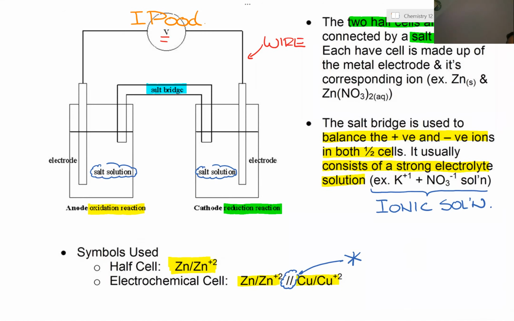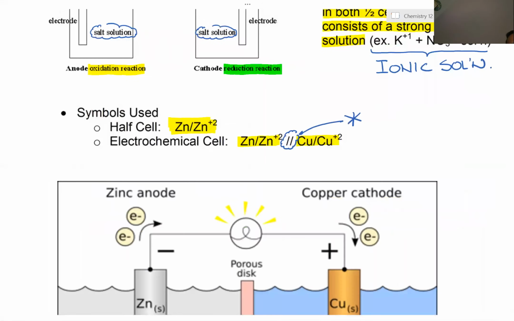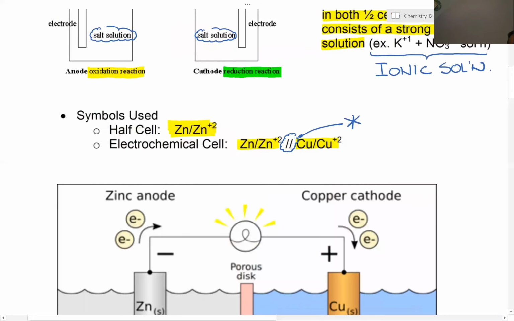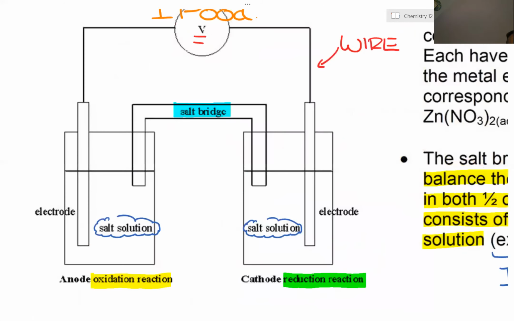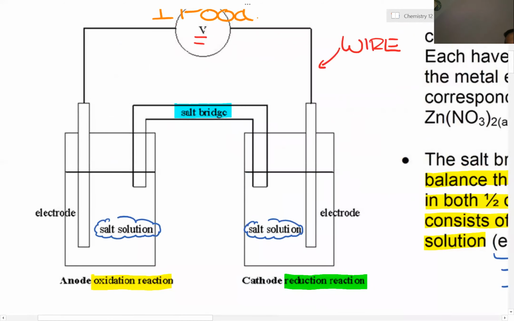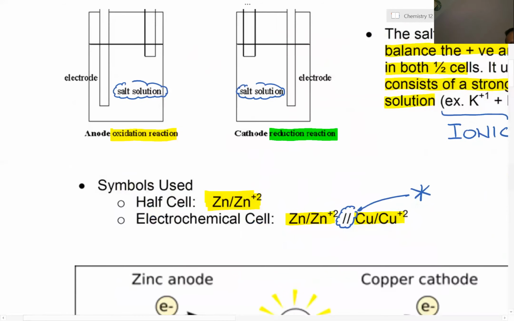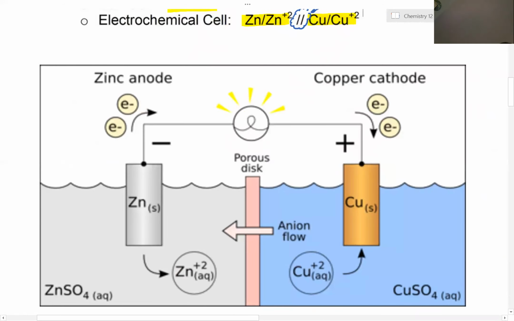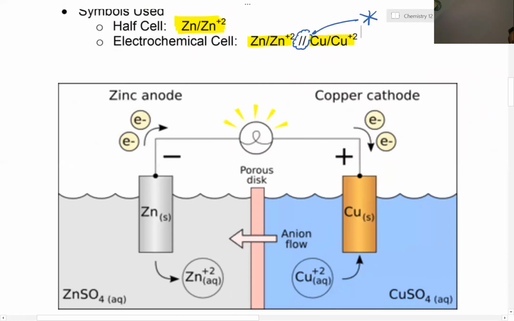Now, in some books, you'll see a diagram like this. All right. Now, some of you might say, well, Mr. Chan, where's the salt bridge? I don't see a salt bridge like what you've highlighted. Well, even though you don't see a salt bridge, this is considered an electrochemical cell as well. Why?